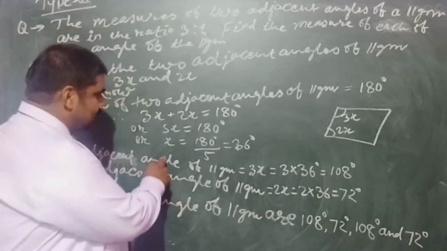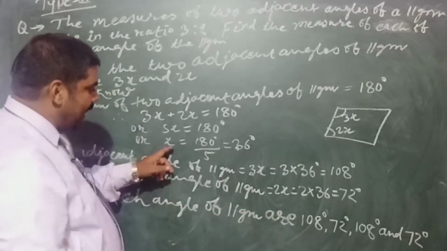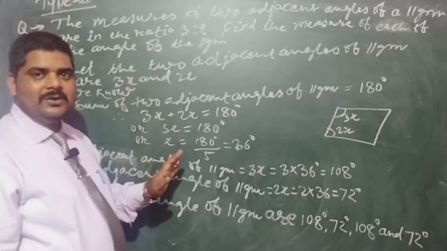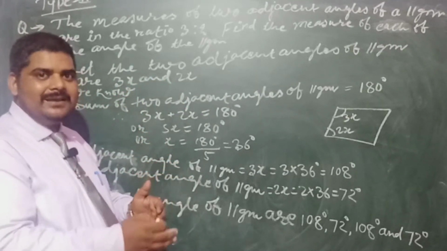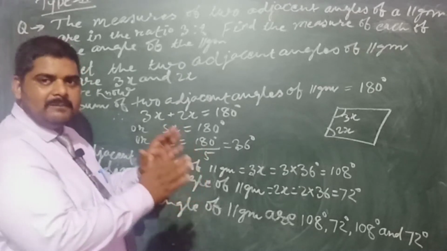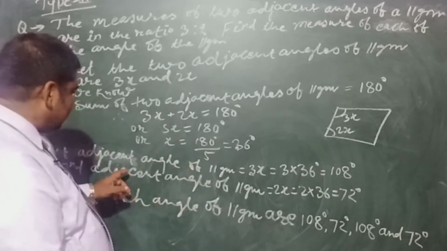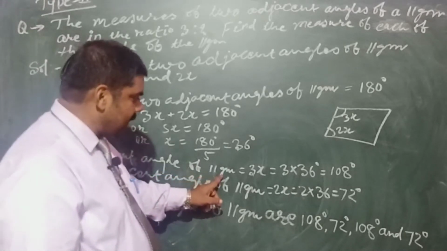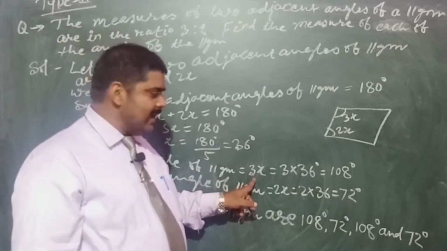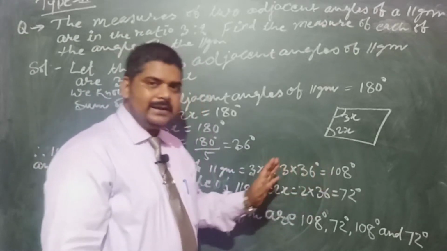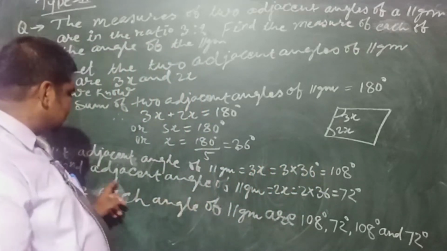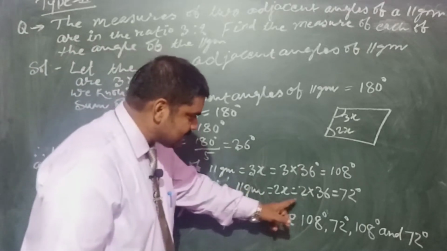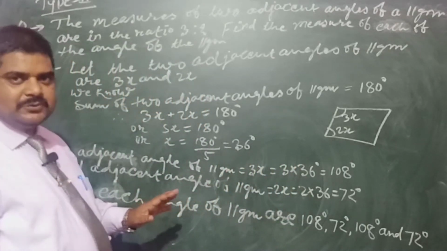When you get the value of x, you put it in the angles to find each angle. The first adjacent angle is 3x, that means 108 degree, and the second adjacent angle is 2x, which is equal to 72 degree.